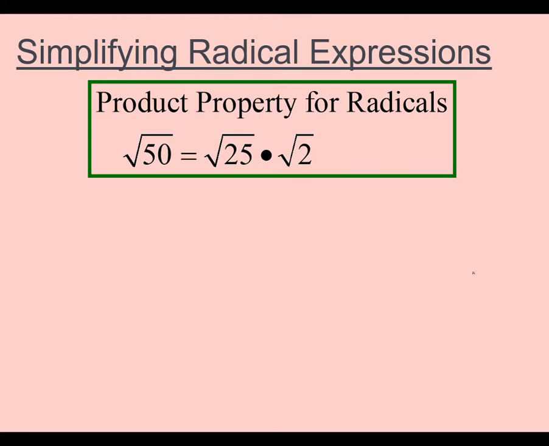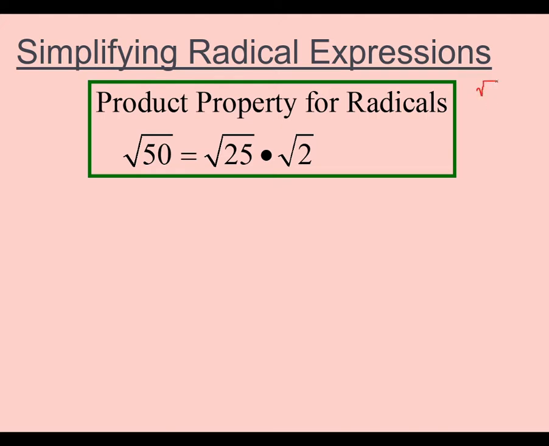So, how about square root of 50? So, hindi na siya perfect square root. So, we can apply product property. So, hanap tayo ng factor sa 50 na mayroong perfect square root. No? So, kaya dapat alam nyo talaga yung mga perfect square root.